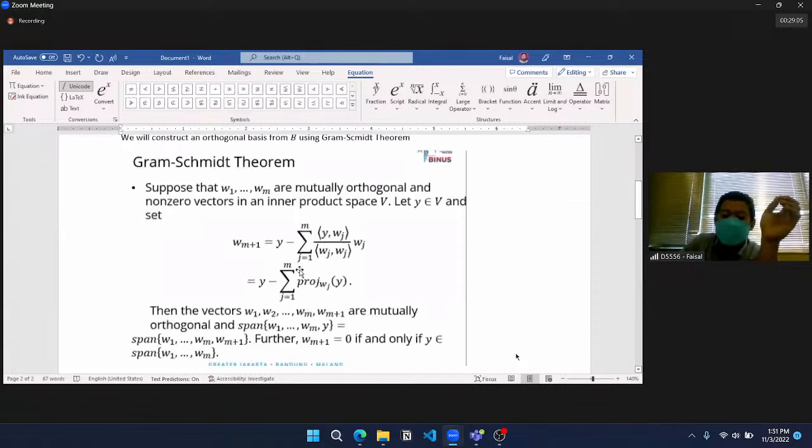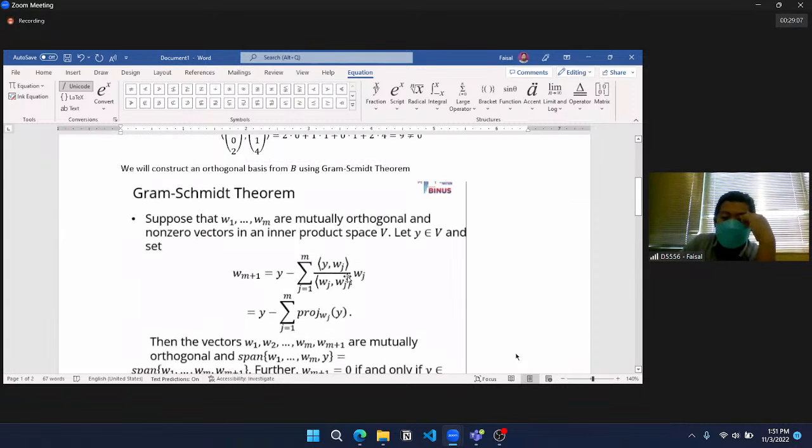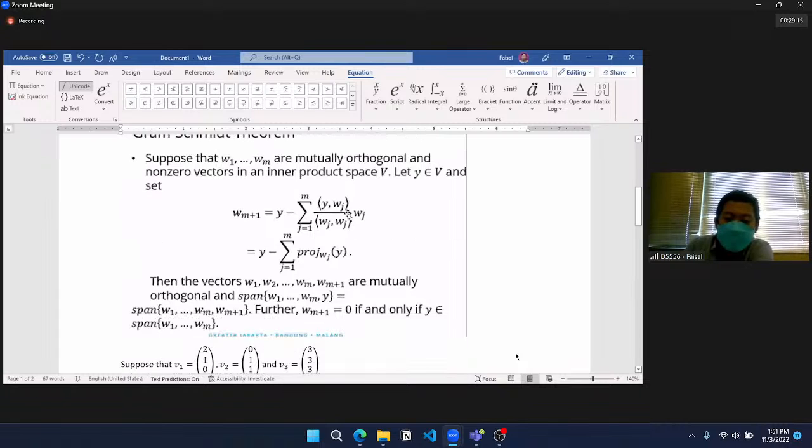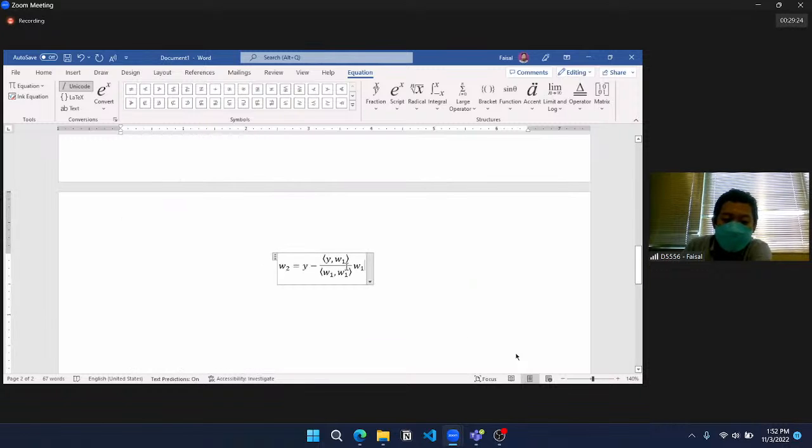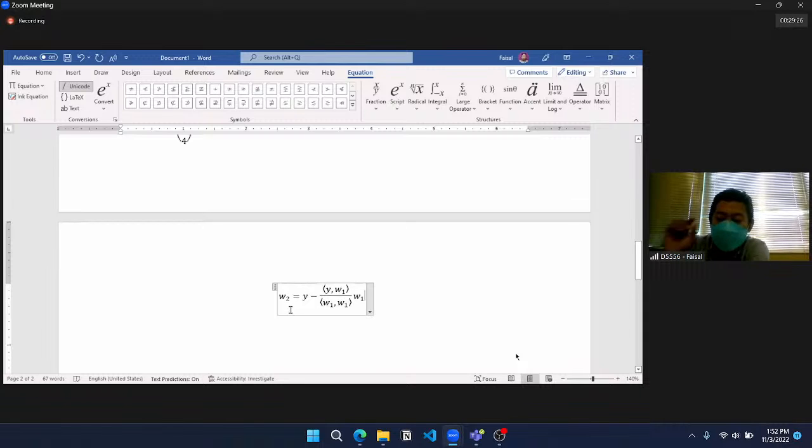Because m is equal to 1, we only have one term, only this one vector. So this is the formula for m equals 1.